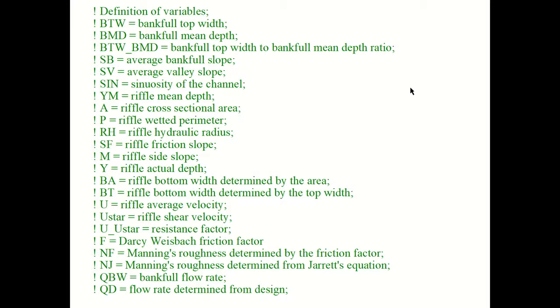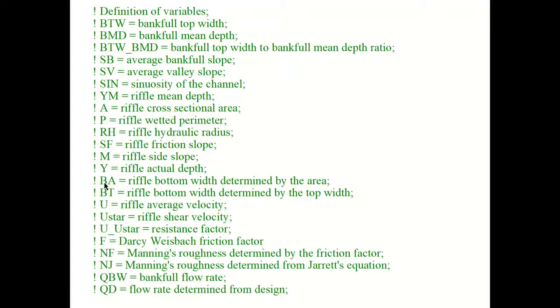As you continue to look down the list, all of these should be fairly familiar to you in terms of the variables. The one new one might be the Darcy-Weisbach friction factor, which you probably haven't used since hydraulic engineering when you were doing pipe flow. But you can see we have U star, the Riffle shear velocity, which was discussed in sediment transport. U, the Riffle average velocity.